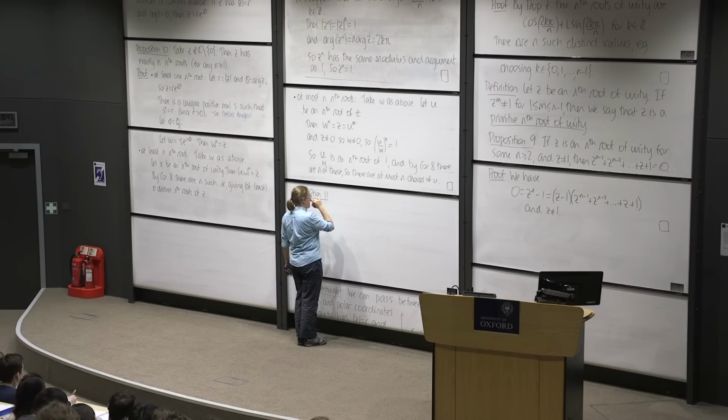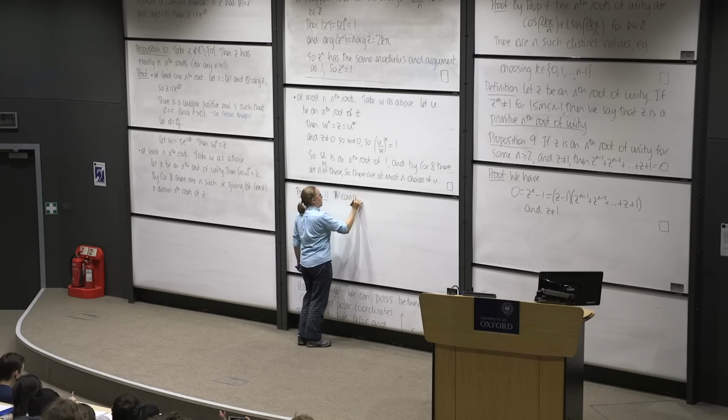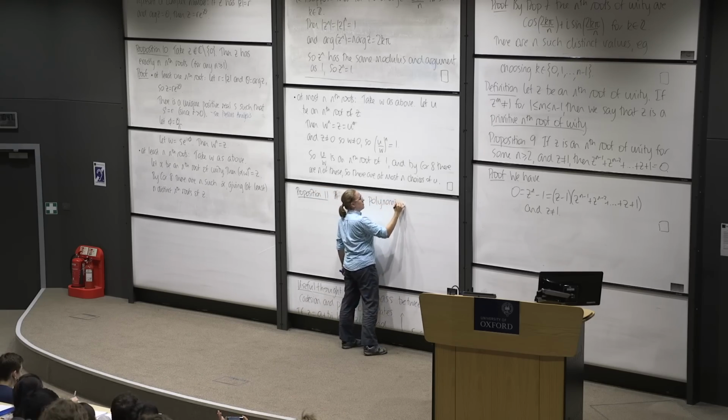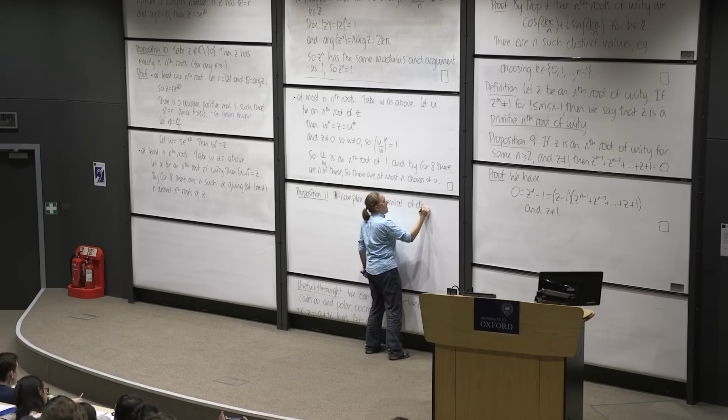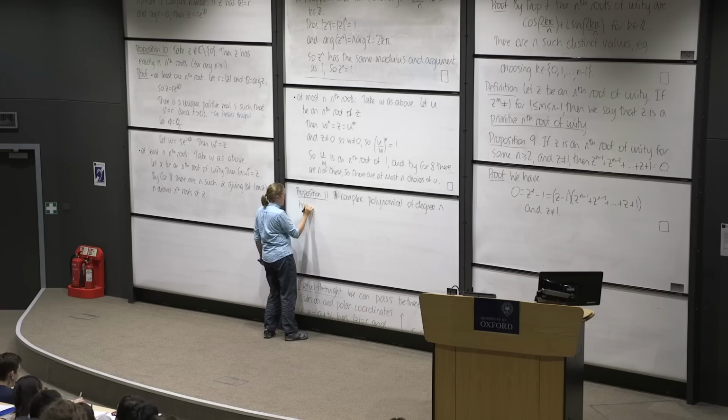And this says a complex polynomial, meaning a polynomial with complex coefficients, of degree n, has at most n roots.